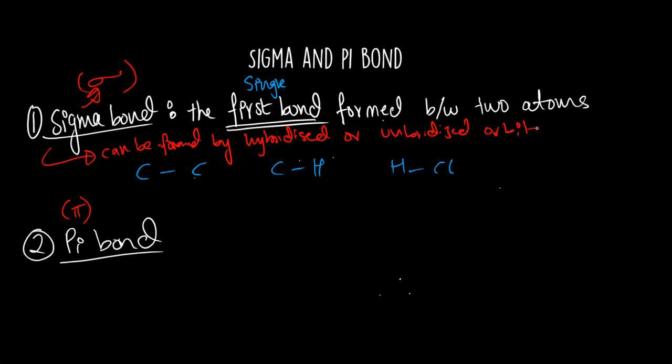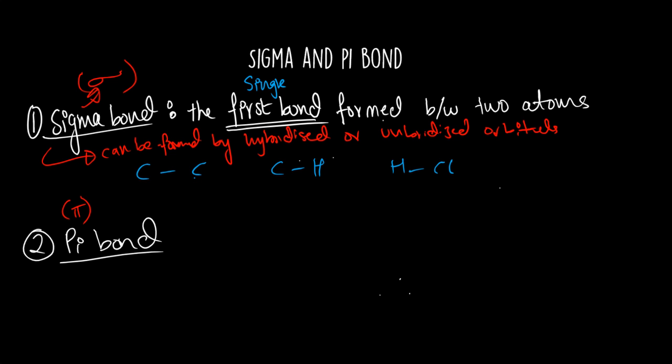Now, when do we have either of these cases? We will discuss that when we get to hybridization, but for now, know that sigma bond can be formed between hybridized or unhybridized orbitals, both. And we will learn the examples and we will go through it and understand when it's either of these cases.